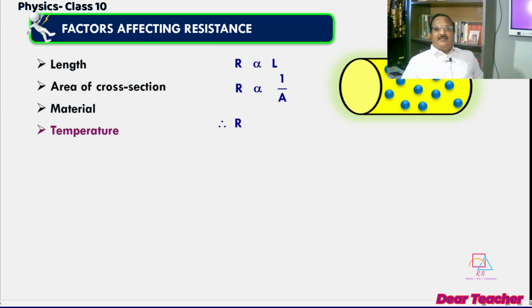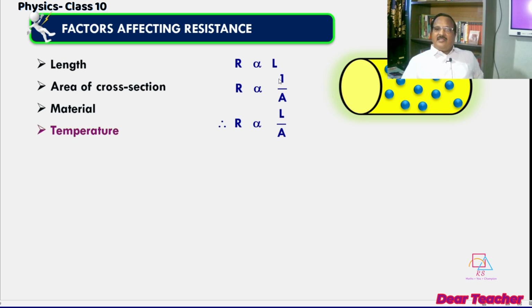Resistance is L upon A. Material, of course, affects resistance. It depends on the material: copper, silver, iron, all of these have an effect on the resistance.